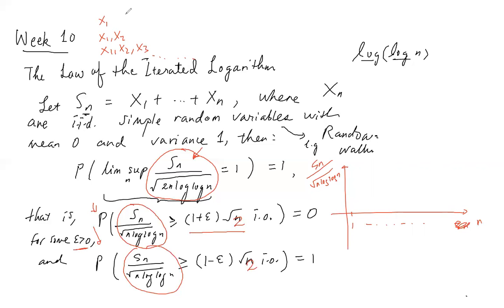Basically, you think of it as an experiment where you run a random walk. And in every iteration, you can compute this S_n over square root of n log n. You compute this quantity, and then you can plot it here. So it will move around.